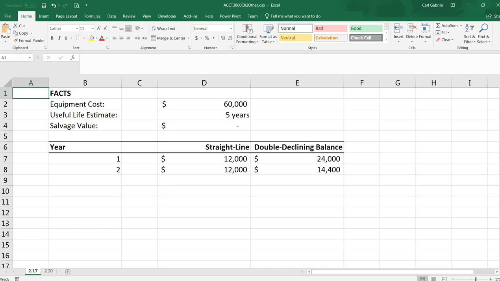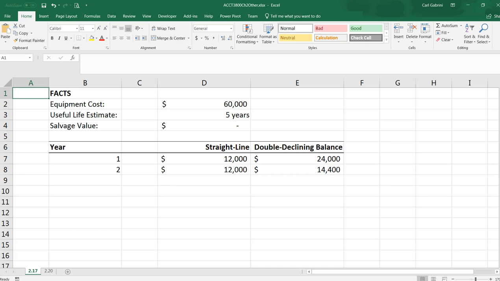The information that you need to solve a problem like this is 1, the original cost, 2, an estimate of useful life, and 3, an estimated salvage value. Finally, you need to know which method management uses. So in the problem at hand, our equipment cost is $60,000. So that's the invoiced and paid cost for this equipment.